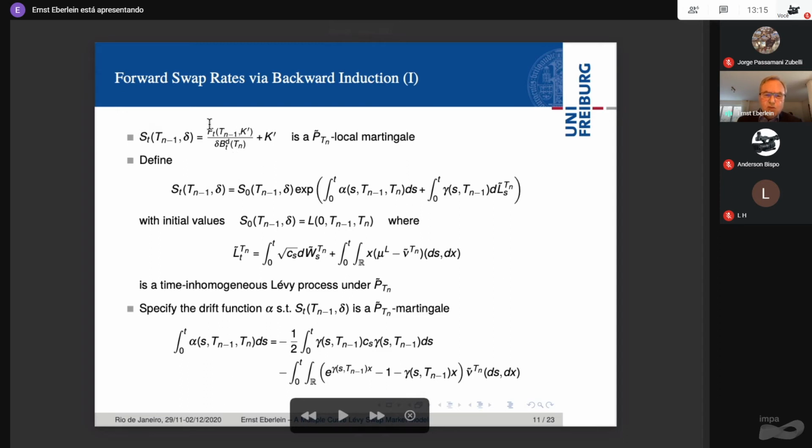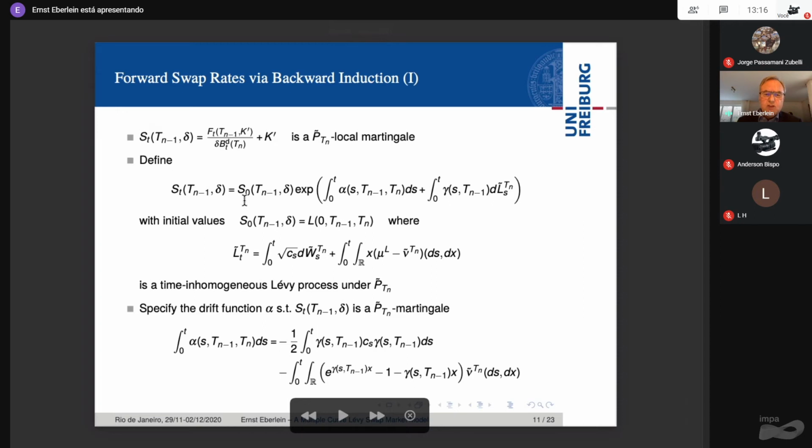And this quantity, this quotient, by the very definition of the swap measure, is a martingale. Adding a constant does not change anything. So the swap rate, by definition, has to be defined under the corresponding swap measure as a local martingale.